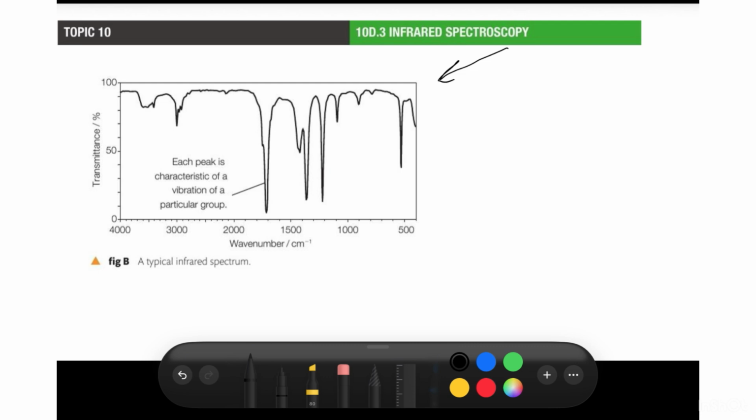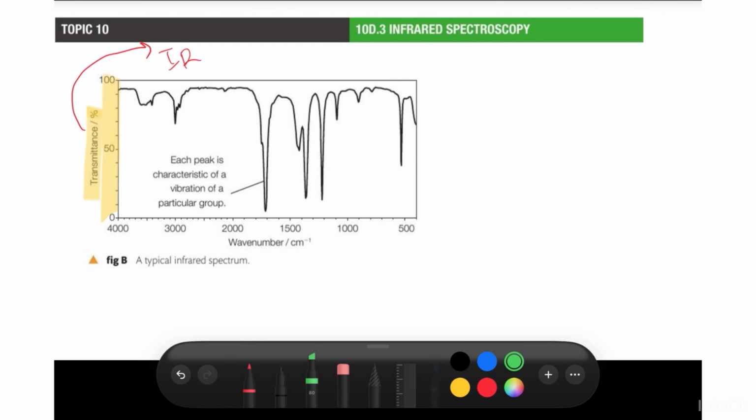It feels and seems weird at first, but with time you'll get used to it. So the first thing we have to learn, the y-axis represents something called transmittance. The transmittance describes the amount of absorption that happens, like the molecules that absorb IR a lot and the molecules that have no or low absorption of the IR.